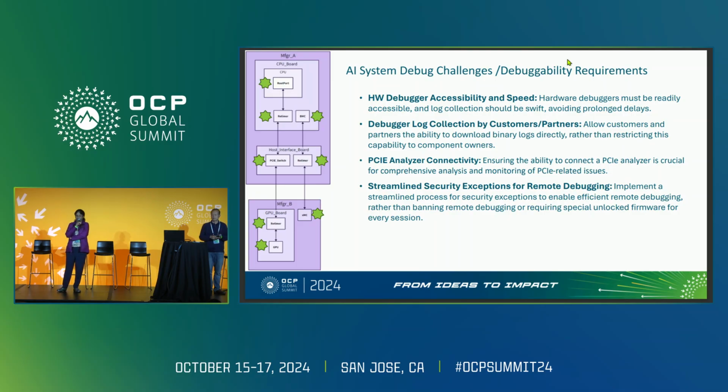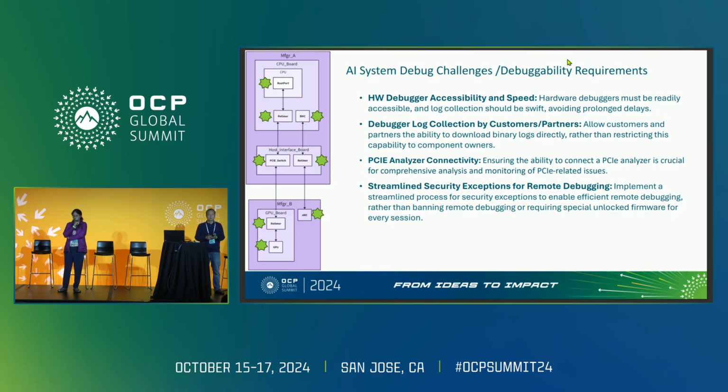The fourth and final one is about streamlined security exceptions for remote debugging. How do we implement a process across the industry with respect to security exceptions, potentially for non-production hardware, to make remote debugging more effective?